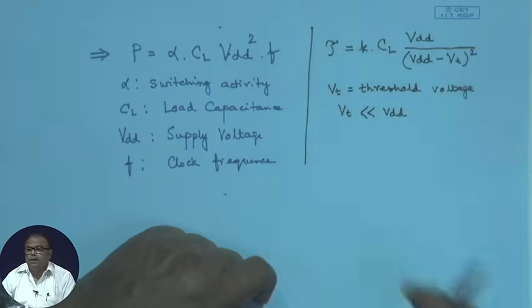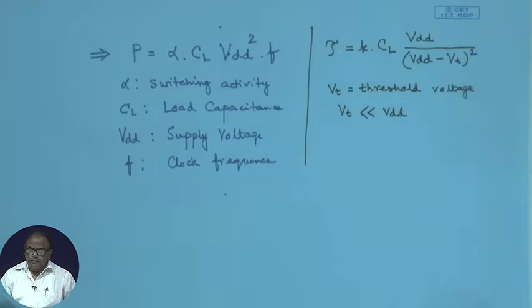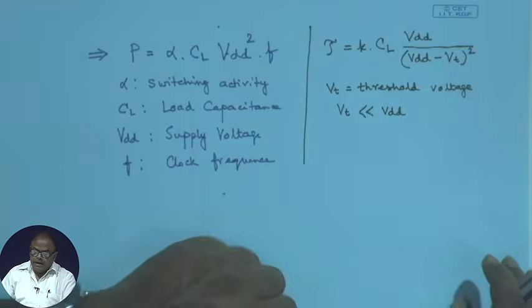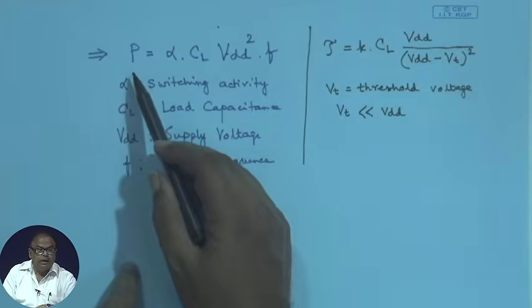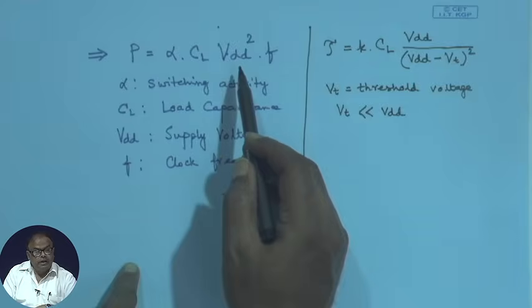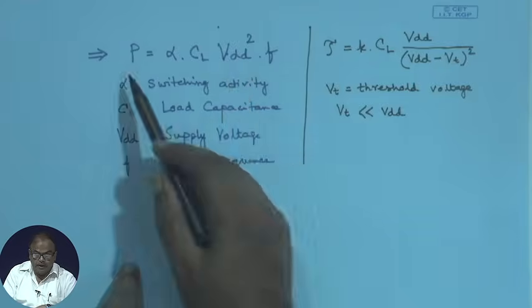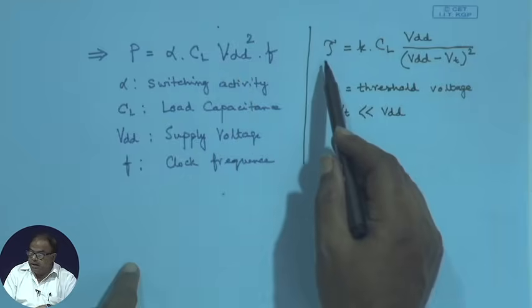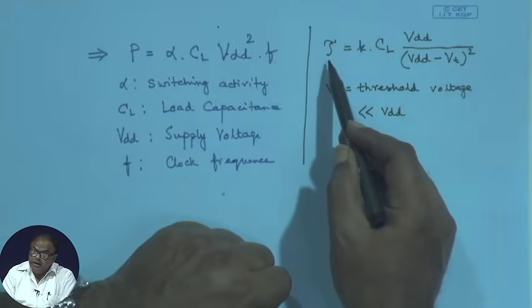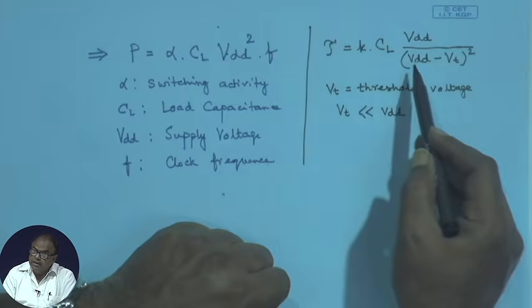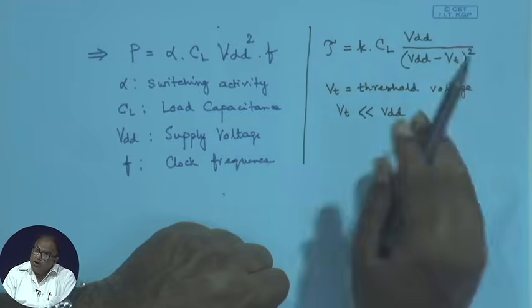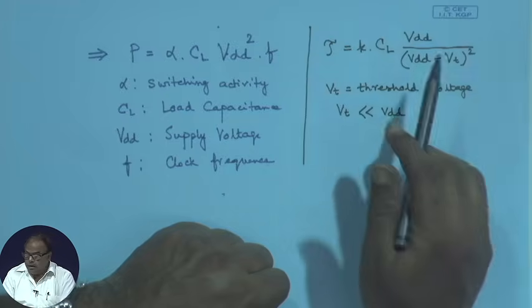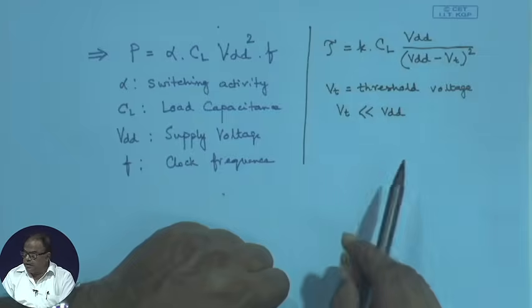So, what we observe from here is that while the power increases quadratically as the supply voltage increases, the delay is inversely proportional, approximately linearly.